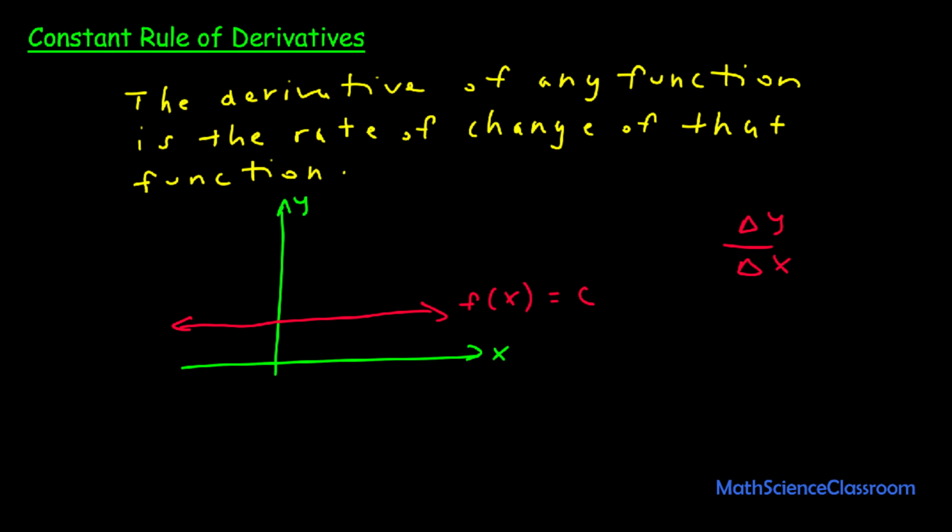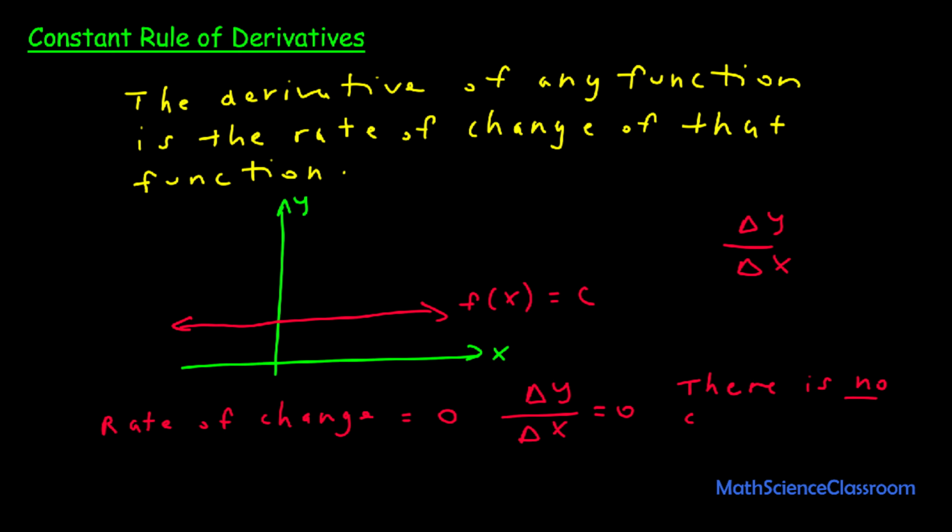So the rate of change, or the change in y over the change of x, equals 0, because delta y over delta x equals 0. There is no change in y.